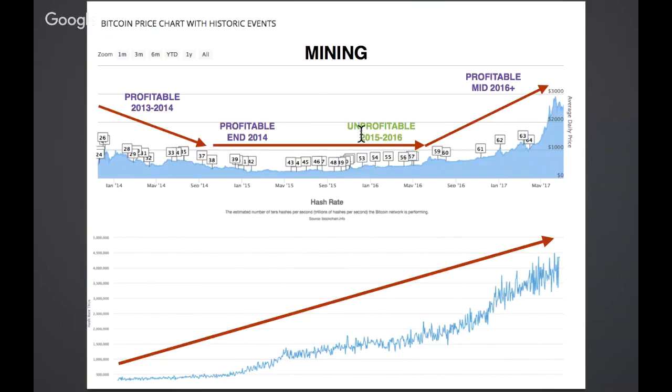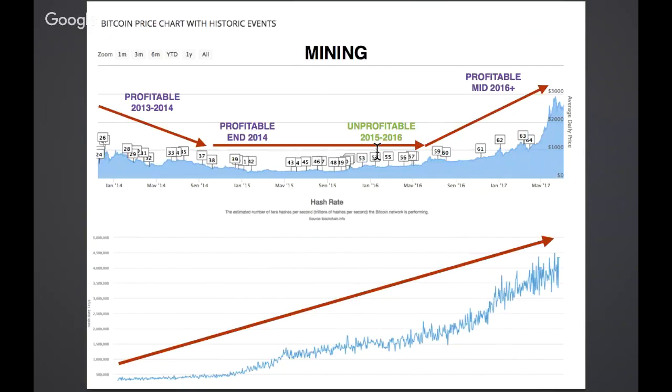And it is a fact that around 2015-2016, towards the end of 2015, at the beginning of 2016, Bitcoin mining was actually unprofitable. So those who purchased cloud mining contracts way back here found their contracts running out of power here, and their contracts were eventually cancelled. Now, we have to bear things in mind here.